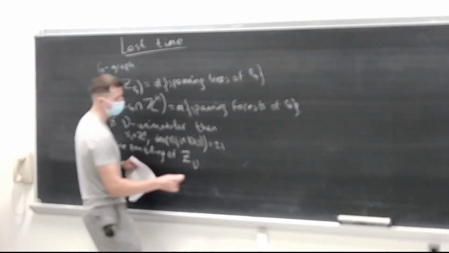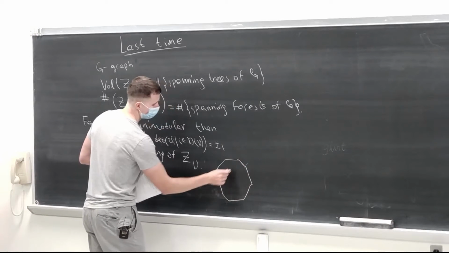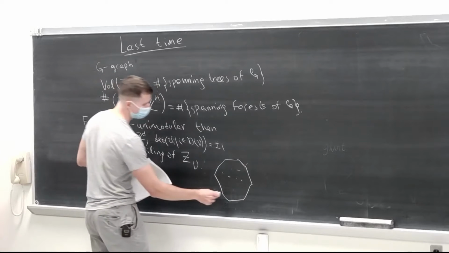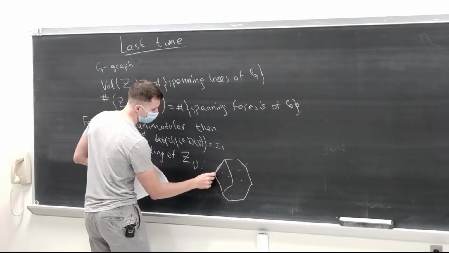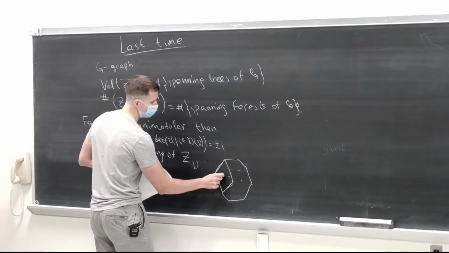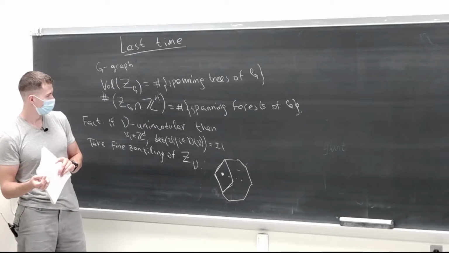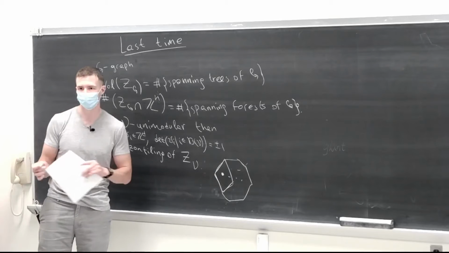Then suppose here's my zonotope. Here are the lattice points, and then I have a tiling, right? So let's assume that maybe there is a tile which has a lattice point inside. Can this happen or not? I claim that this cannot happen.